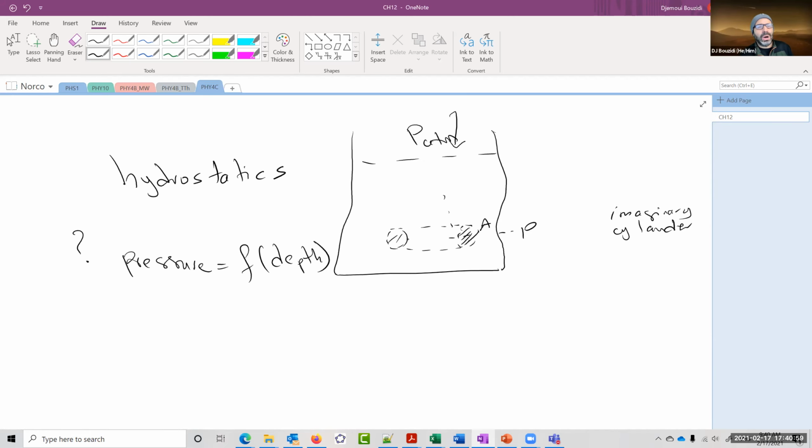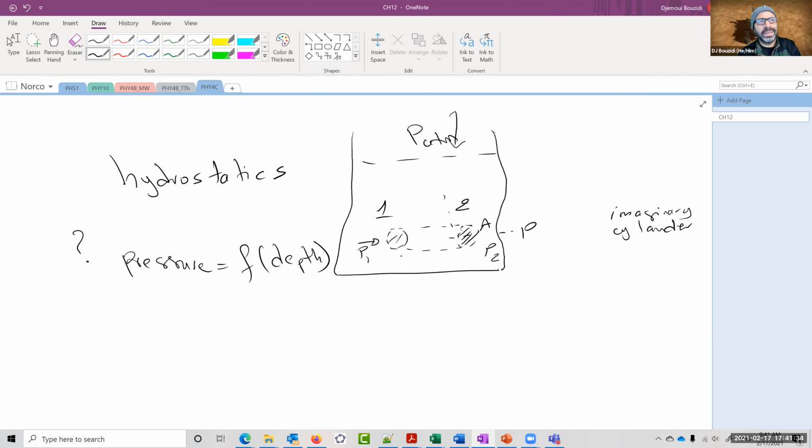I want to know the pressure at the same level. Is there a difference between one side and the other? I'm calling this side 1 and this side 2, and I ask: is the pressure on side 1 different from the pressure on side 2? Remember, this is not a real cylinder. This is not a cut from the fluid, because if you cut the fluid, the rest of the fluid will come and fill it. It's something we think of to find the difference in pressure in that fluid.